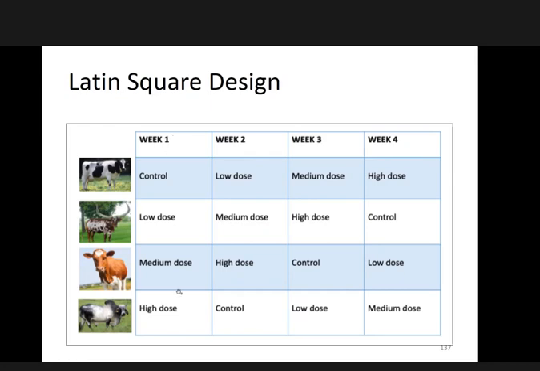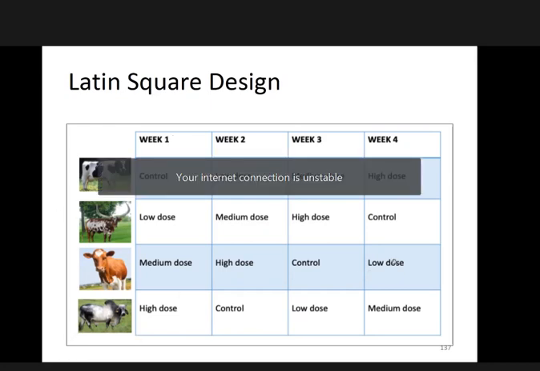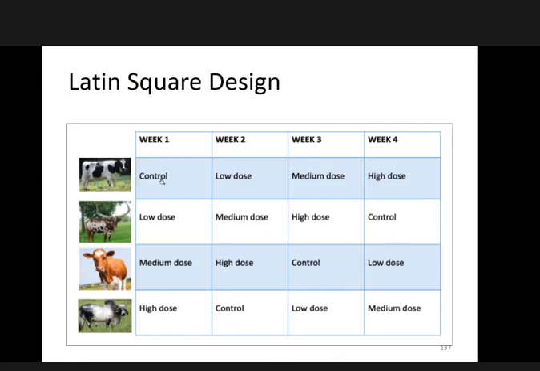Week 1, week 3 is different; that animal is different from that animal, is different from that animal. So remember, what we are comparing here are the different drugs. We have the control, we have low dose, we have medium dose, and we have high dose. These are what we are trying to compare, but we want to control for the time when you compare the treatment, and then for the different types of animal that you actually use in your experiment.